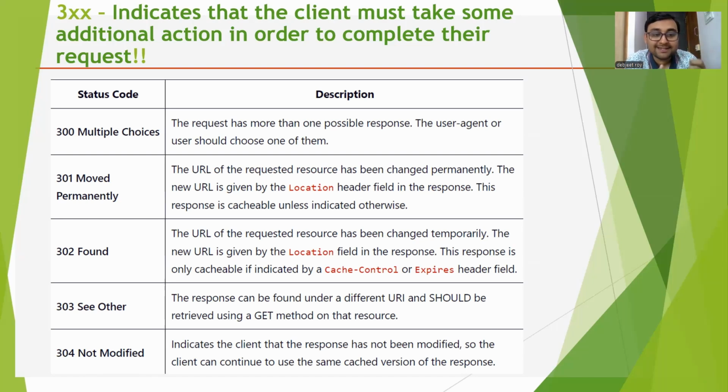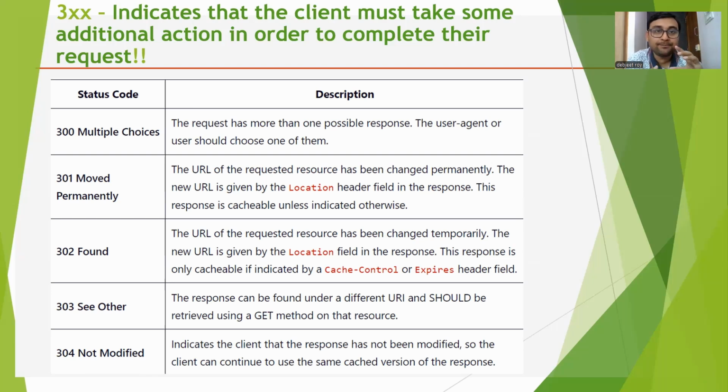Then 303 see other. The response can be found under a different URI. That means the URI you are sent back to doesn't contain the data or the response itself, but it should be retrieved using a get request. Whenever you do the get call, you will get a URL first, and then you have to make use of that URL to get the data.